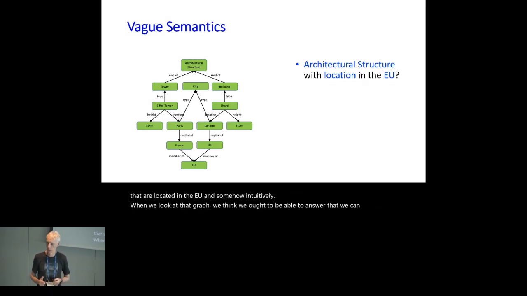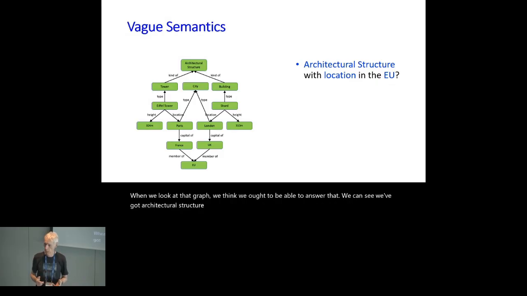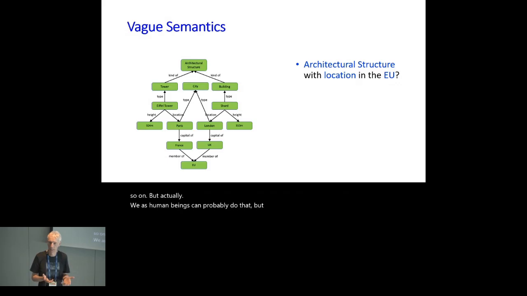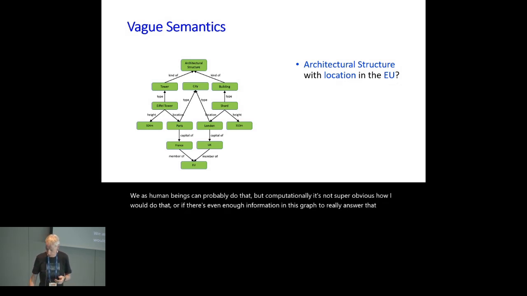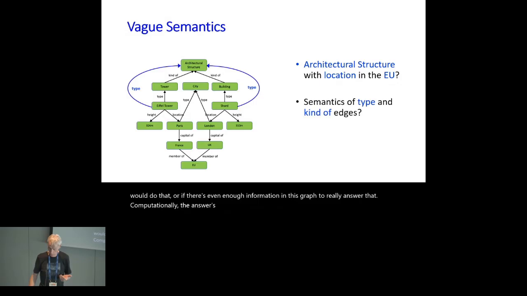We can see we've got architectural structure there, we've got the EU there, we've got locations and so on. But actually, we as human beings can probably do that, but computationally it's not super obvious how I would do that, or if there's even enough information in this graph to really answer that. Computationally, the answer is probably no.